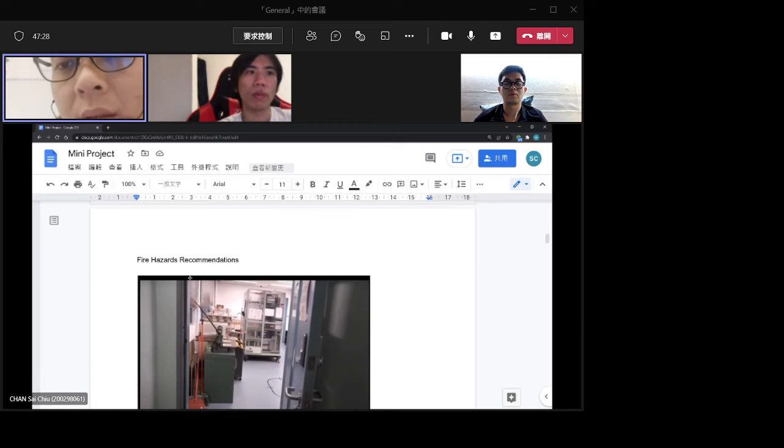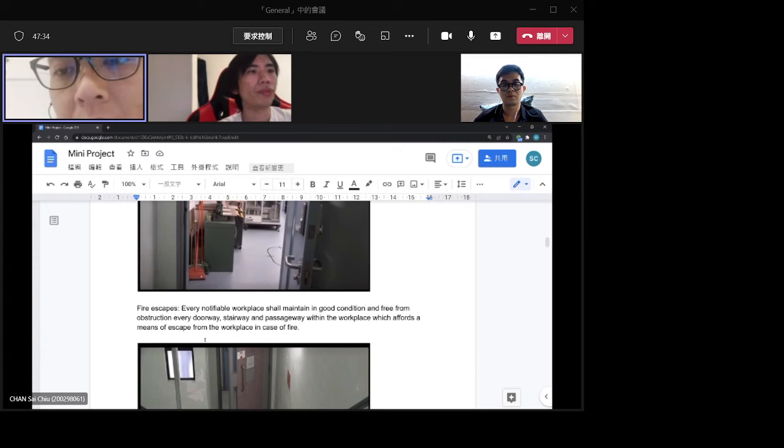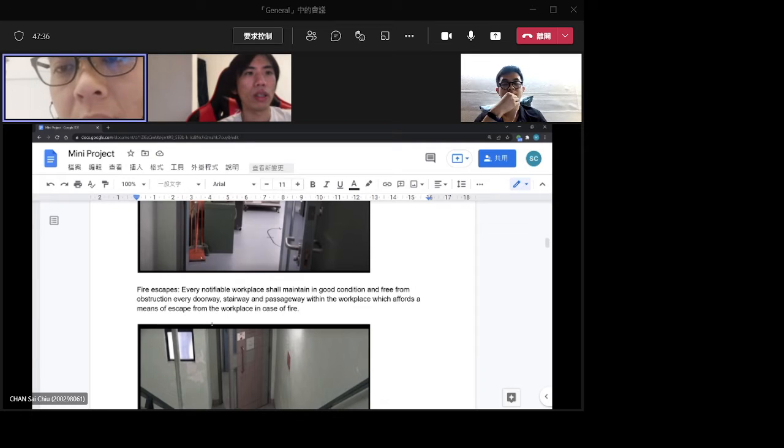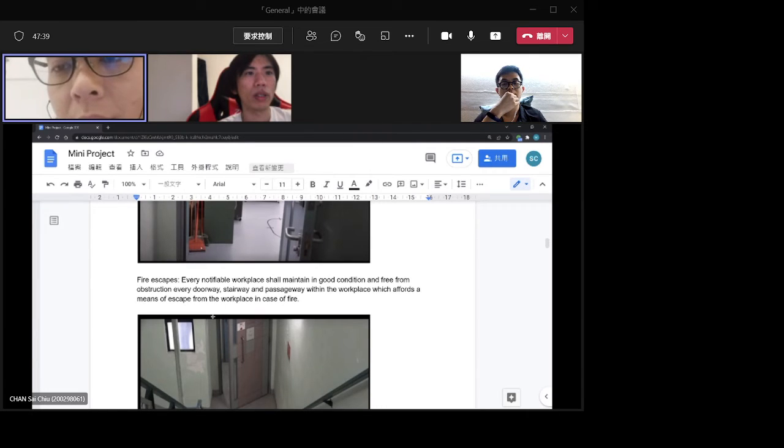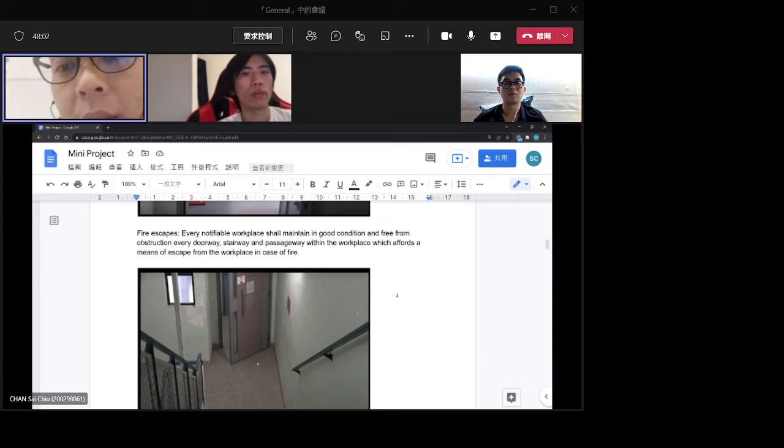Fire hazard recommendation. Fire escapes must be very noticeable. The workplace shall be maintained in good condition and free from obstruction. Every doorway, stairway, and passageway must provide a means of escape for the workplace in case of fire.